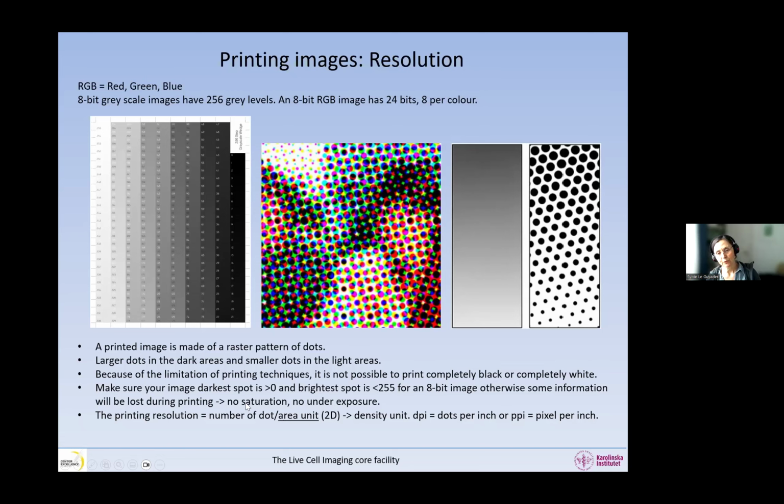So the printing resolution is the number of dots per area unit. So this is actually a density. It says dots per inch and pixels per inch, but really it is square. So it's an area, it's not linear. In reality, 300 dpi means 300 by 300, so 90,000 pixels per square inch, or dots per square inch.